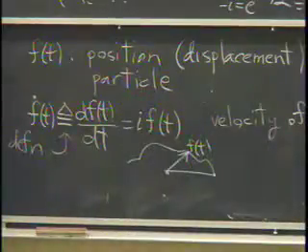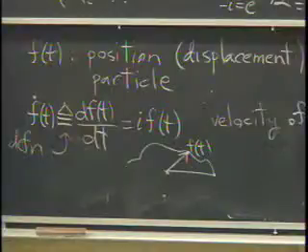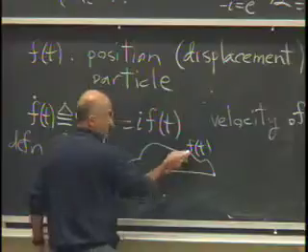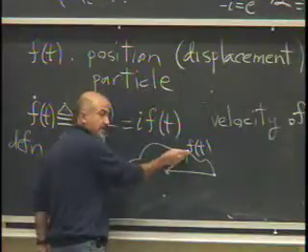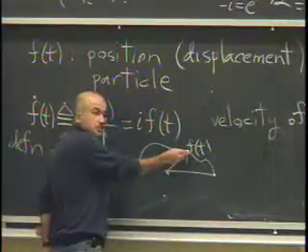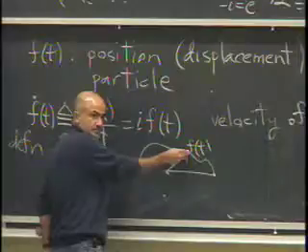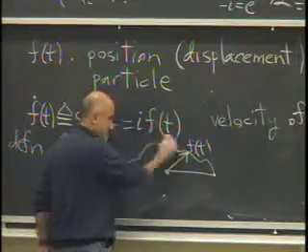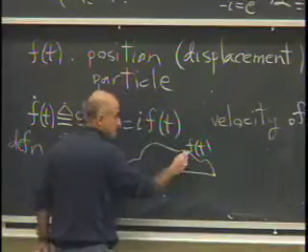If I were to draw its velocity, how would I draw it? Tangent to the curve at that point. In which direction? This way, because it makes a positive 90-degree angle.